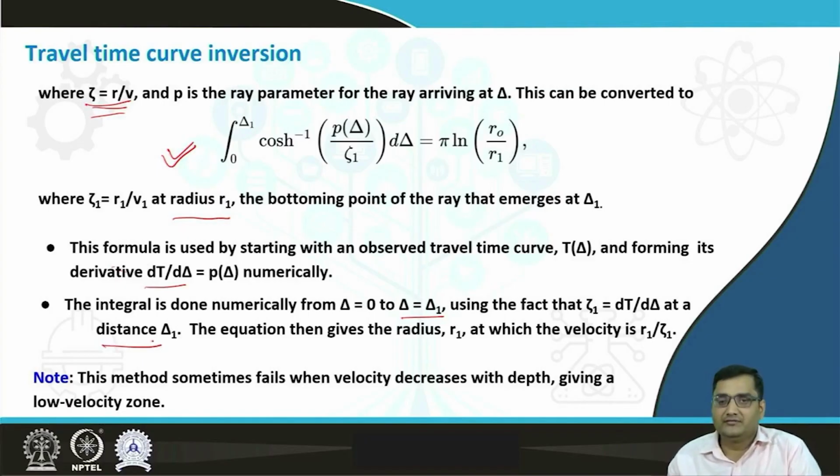The equation then provides the radius r1 at which the velocity is r1 by zeta 1. That means the depth at which the ray is bottoming, and it provides that velocity. One thing we must note is that this method fails when there is a velocity decrease with depth, that is, it fails wherever a low velocity zone exists.